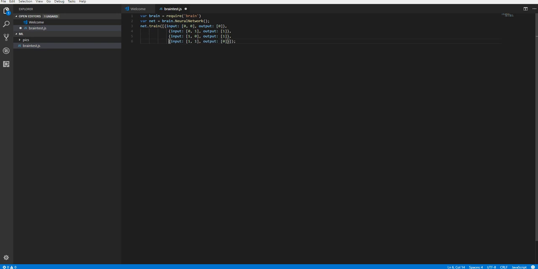I'm not familiar with VS Code. There are the inputs I mentioned before, some math happens and there is an output result, like the XOR gate: 0 0 creates 0 because they are the same, 1 1 creates 0, 0 1 creates 1, 1 0 creates 1. Let's see what happened.